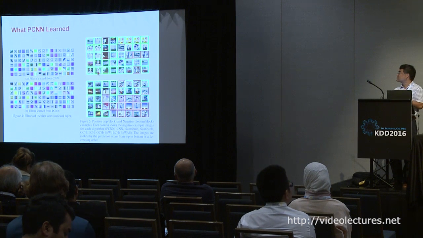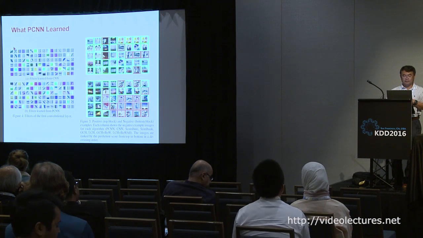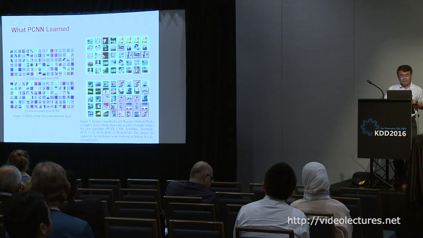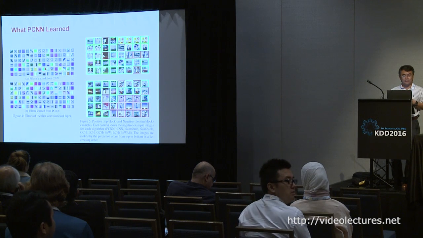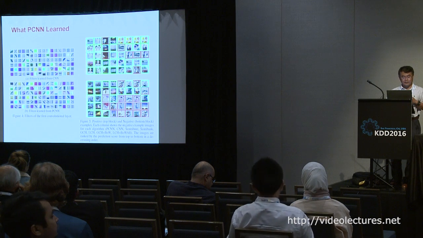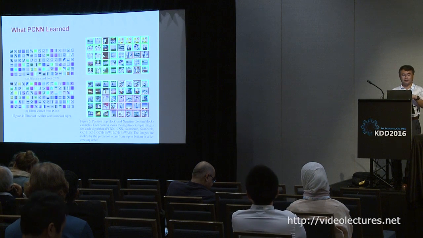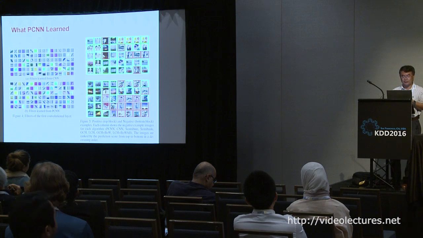So this is just to visualize what went on. These are the output of the first convolutional neural network layer. You can see these are essentially visual patterns the network has learned. And then below that is the PCNN, which basically stands for progressively trained CNN.